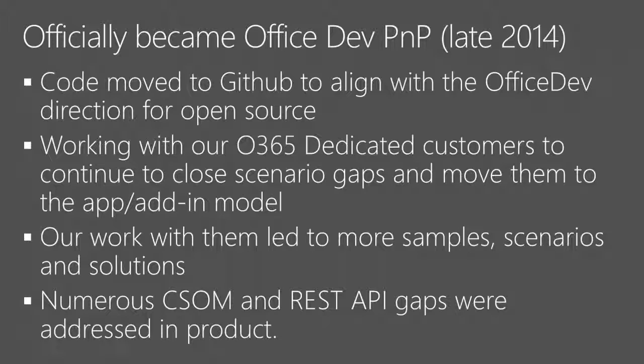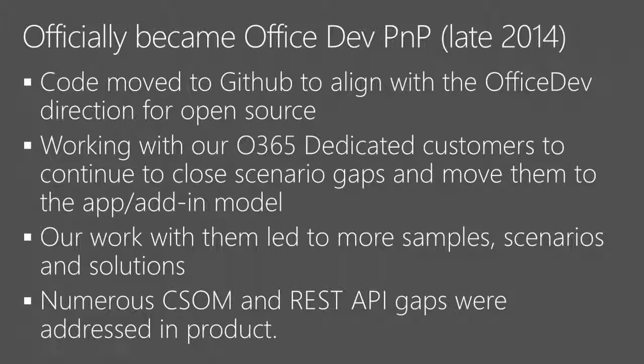We actually at the same time started working with a pool of Office 365 dedicated customers, and we were looking to move them from the dedicated service that we have today into what's going to be tomorrow's dedicated service, which will not allow farm solutions. And so we had, I think it was 55 customers, big customers, that we got to roll our sleeves up with and start to dive in and help them move to the app model.